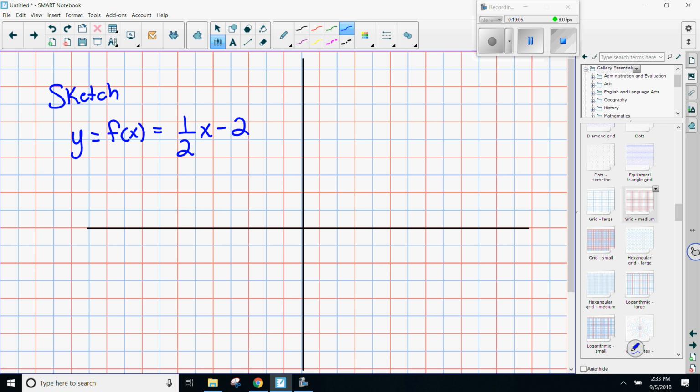If I wanted to graph it, where are you going to start? -2. And then you're going to have a positive slope where you're going to go up 1 and to the right 2. Bringing back Algebra 2 memories, right? Where all you graphed were lines. Just because that's where you start. The simplest thing that you can graph.